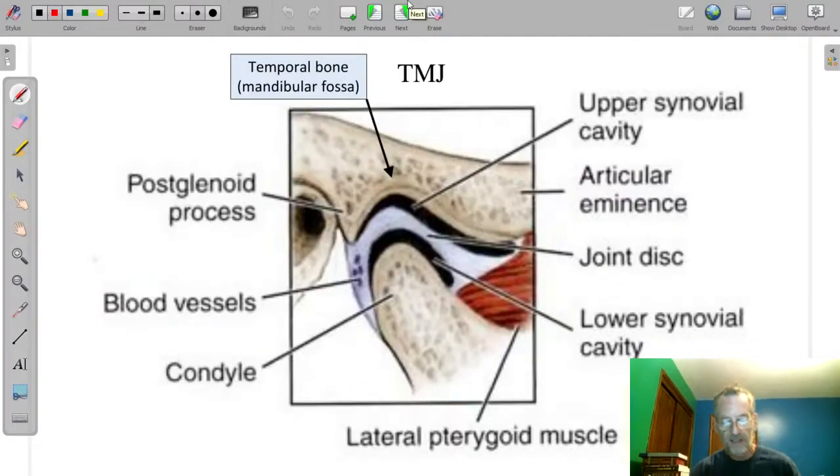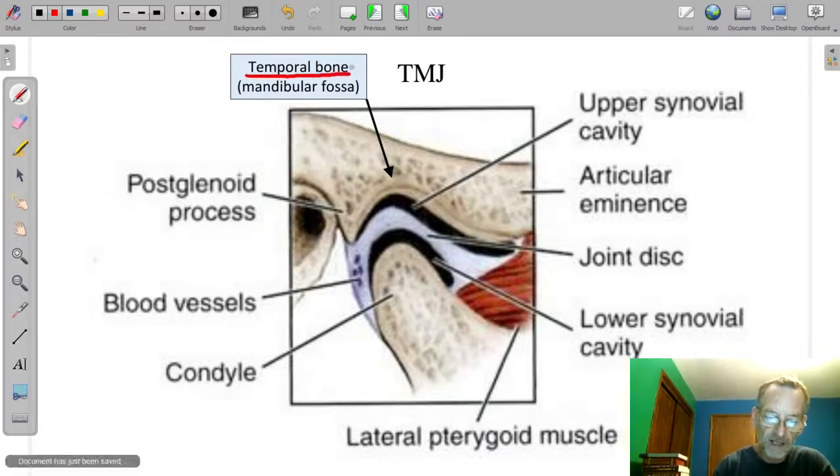And this is the figure for structures of the temporomandibular joint. So you need to spend some time to get oriented. Here is the temporal bone. Put a little box on that to get you thinking about it. And here is that mandibular fossa.